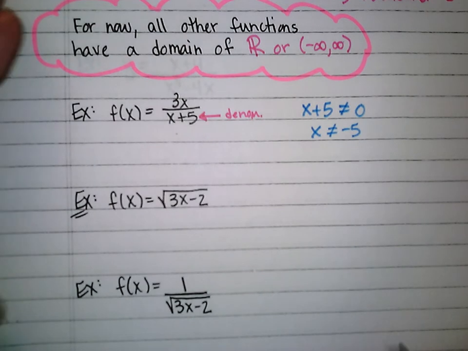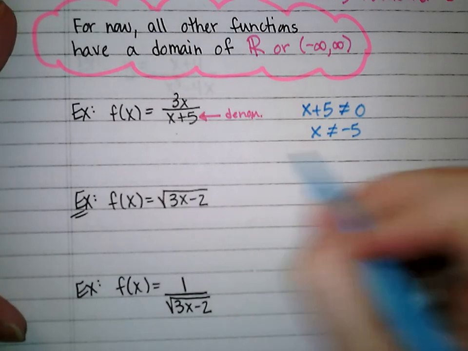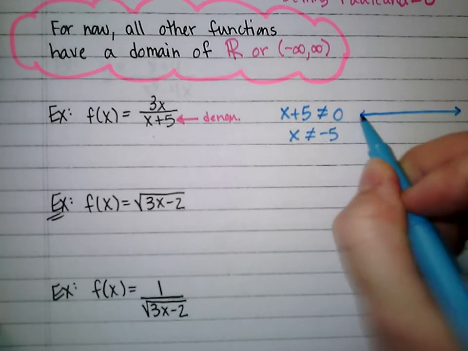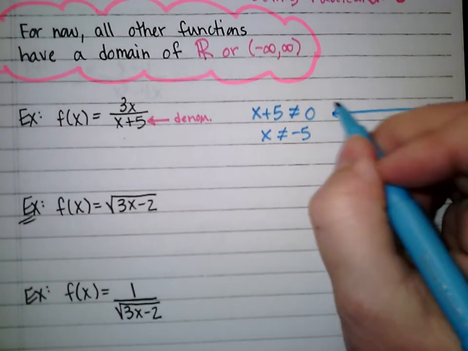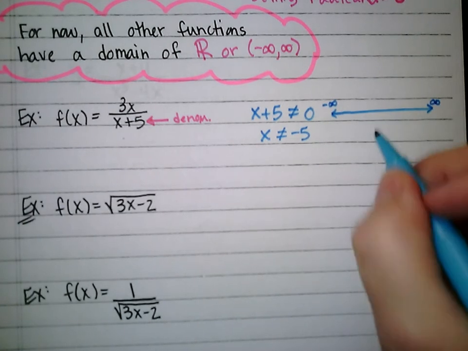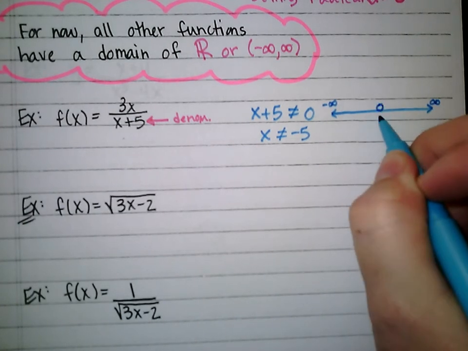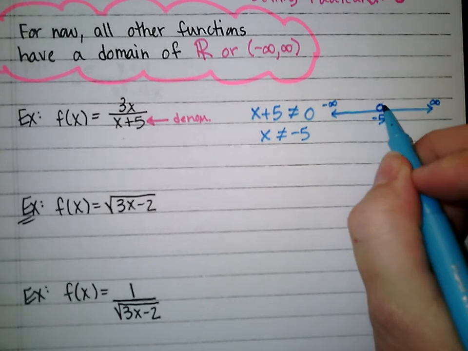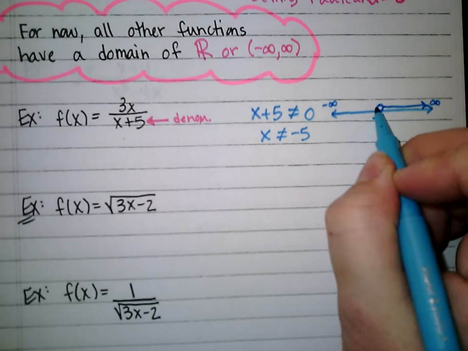So if you think about a number line, I would have all of my numbers going from -infinity all the way over to +infinity, except I can't equal -5. So I have like an open circle at -5 where I can't equal, but everything else is a part of my domain.